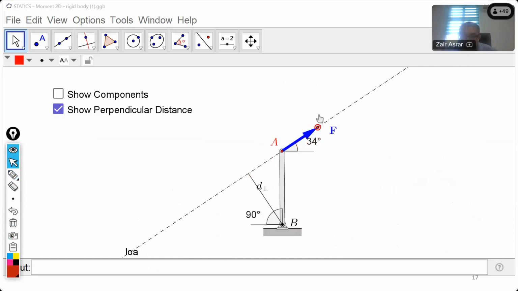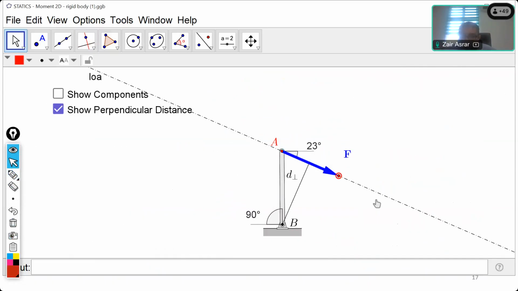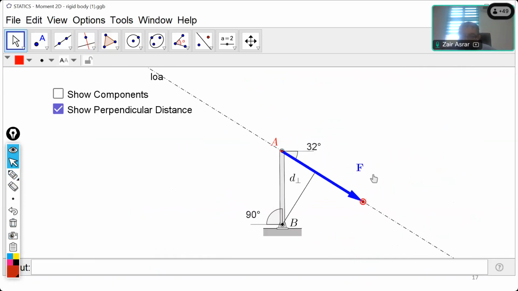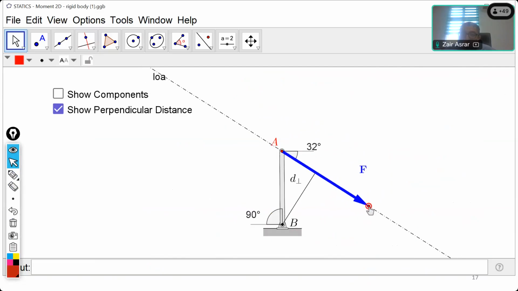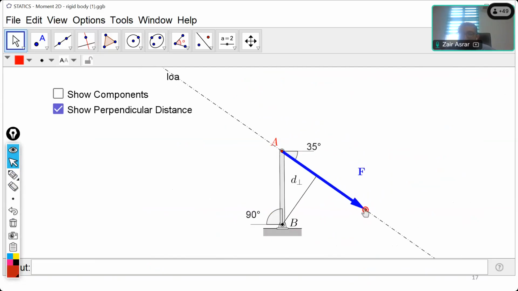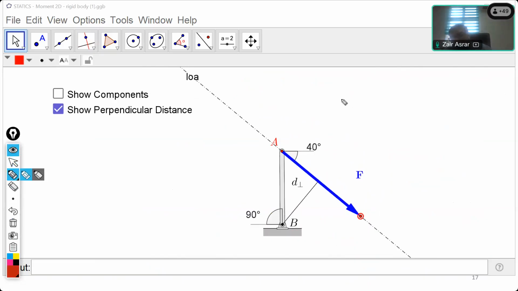So the perpendicular distance will change according to the angle. If I change the angle of the force, you can see that the perpendicular distance also changes. So let's say the angle is 40 degrees. Now, can someone give me the equation for the perpendicular distance?